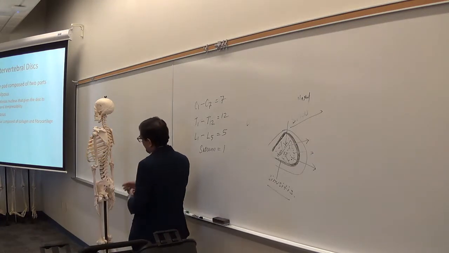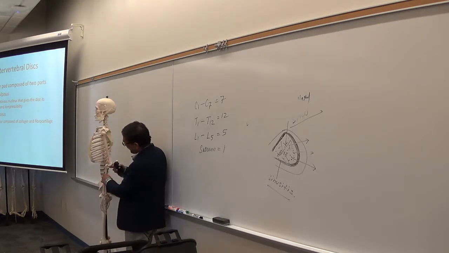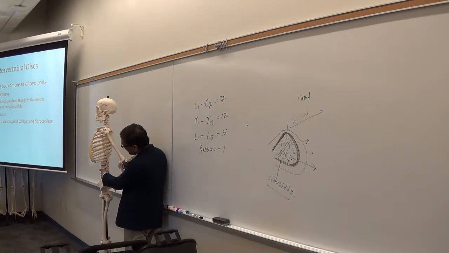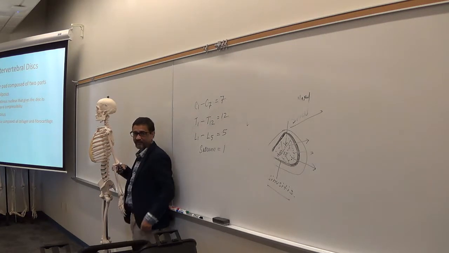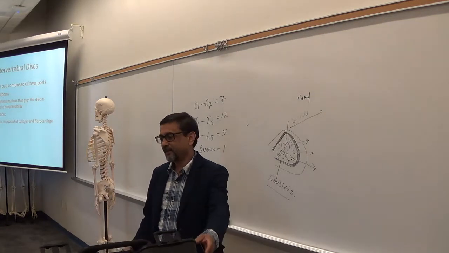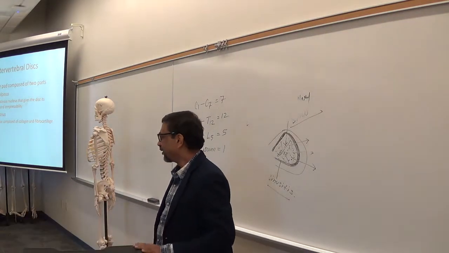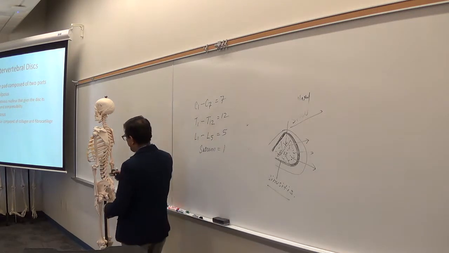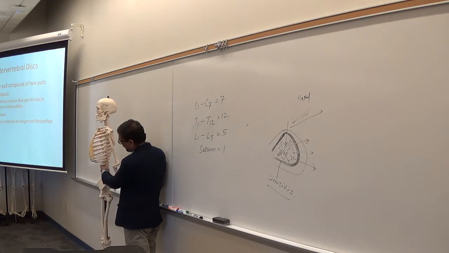Now, the vertebrae are attached to each other by intervertebral discs. Inter means what? In between two, right? And these are the discs. Cartilaginous discs, right? So, intervertebral discs.